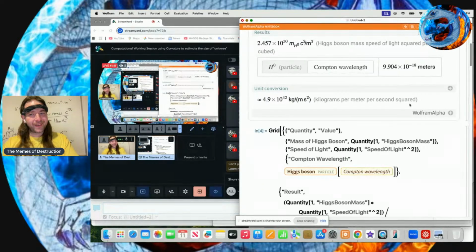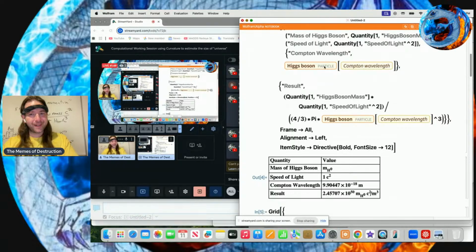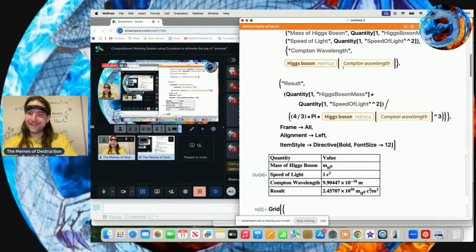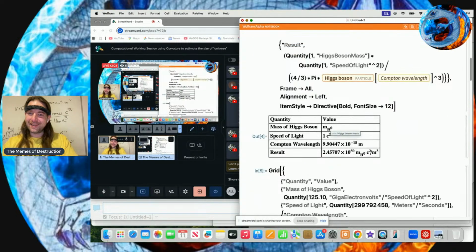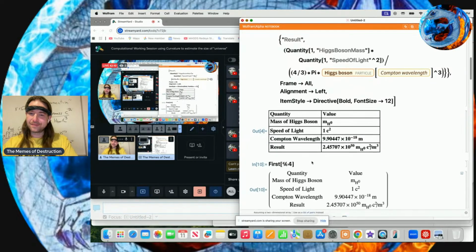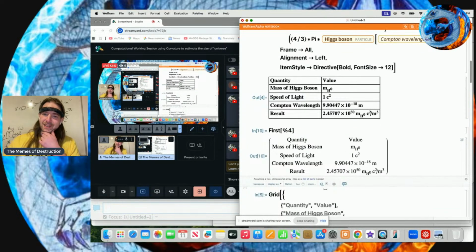Also, this is the thing that bothers me. All right, Higgs boson particle. Wait a second. Higgs boson. Wavelength, mass of Higgs boson. Yeah. Wait, will it just let me... Okay, a little matrix.